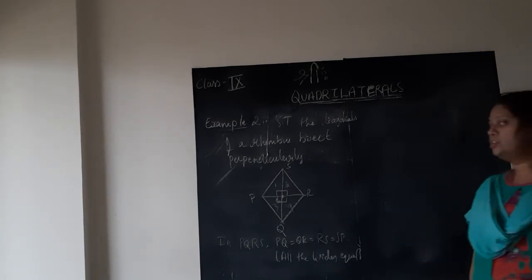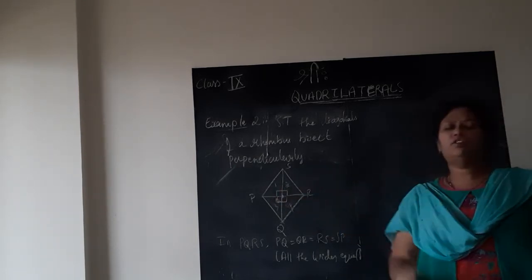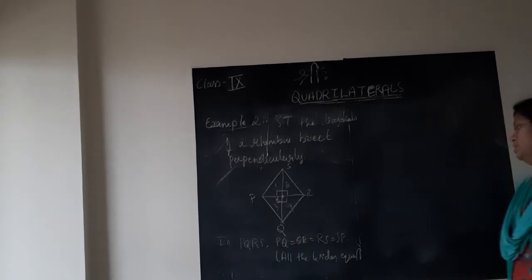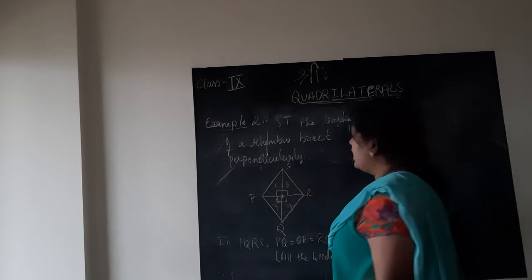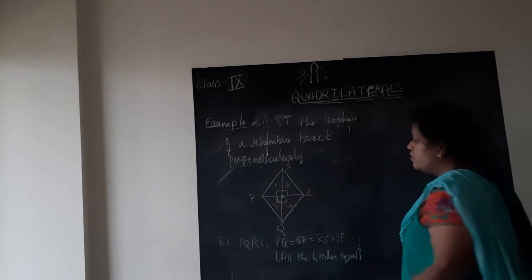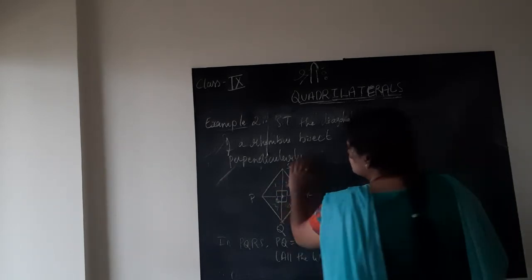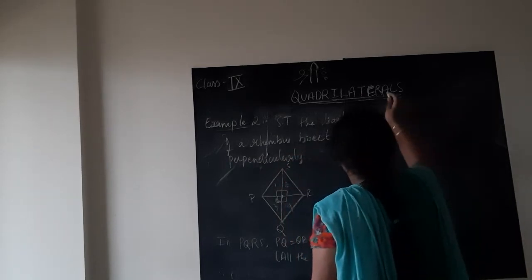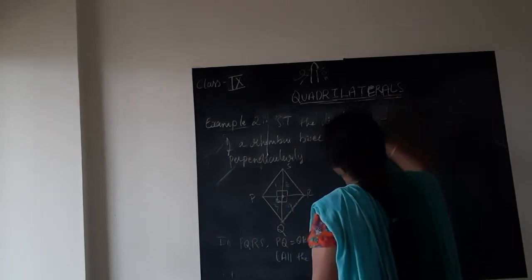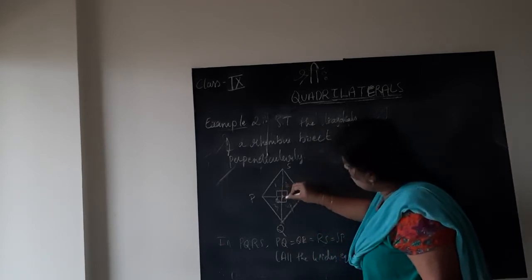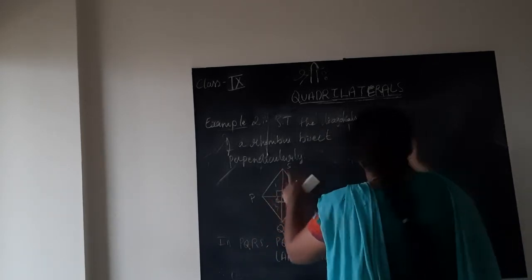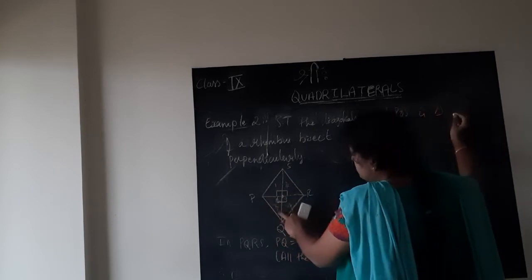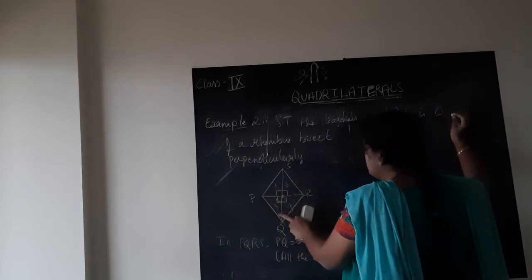Among those four, children, I will consider any two triangles. Even you can consider any two triangles of your choice. I will consider triangle 1 and 3. This intersection point I have labeled as O. So, POS is one triangle, and the immediate triangle, whichever you want you can take.